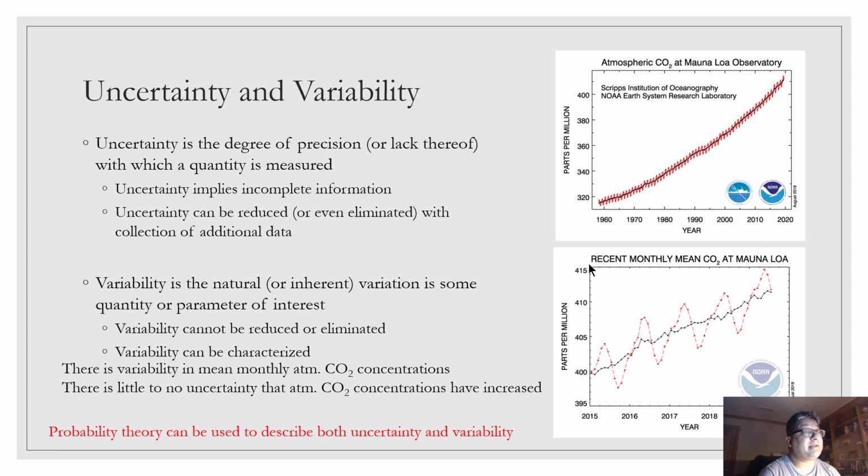It may sometimes even be eliminated, but by and large, we can reduce uncertainty. There usually will always be some uncertainty left, because even though we might take more data, our instruments with which we take data are limited. They have some range of accuracy or precision with which they can collect that data.